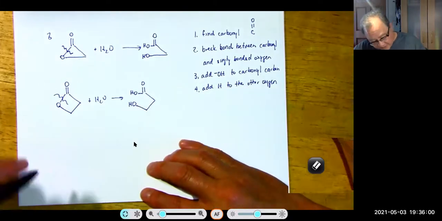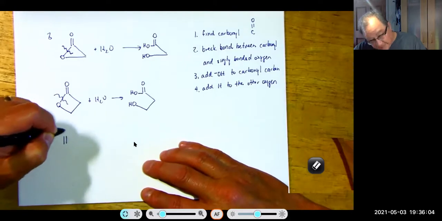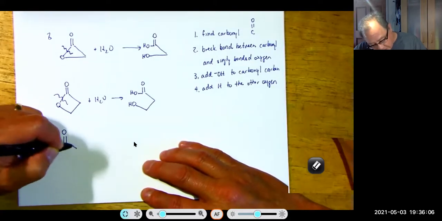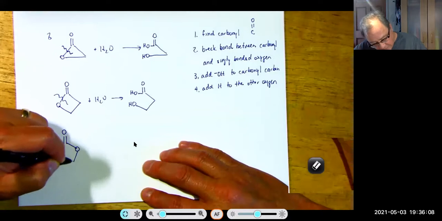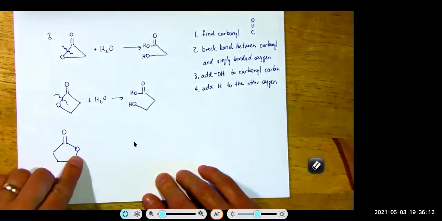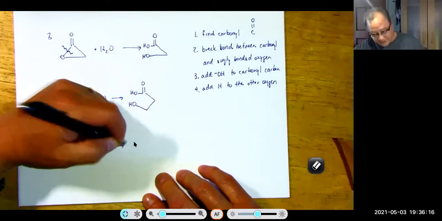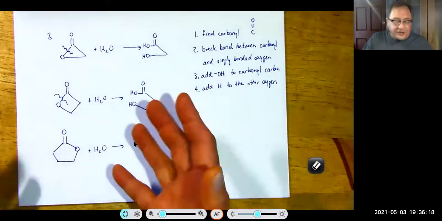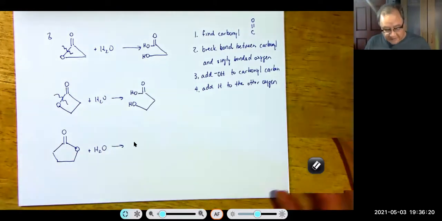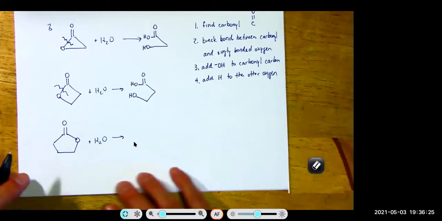Okay, let's try this one, only I want you to draw it this way, okay? So you see how I'm putting the oxygen on the right-hand side instead of the left? I want you to draw it that way, just so that you get the idea that the oxygen doesn't have to be on the left. Fair enough? Okay, draw the product.